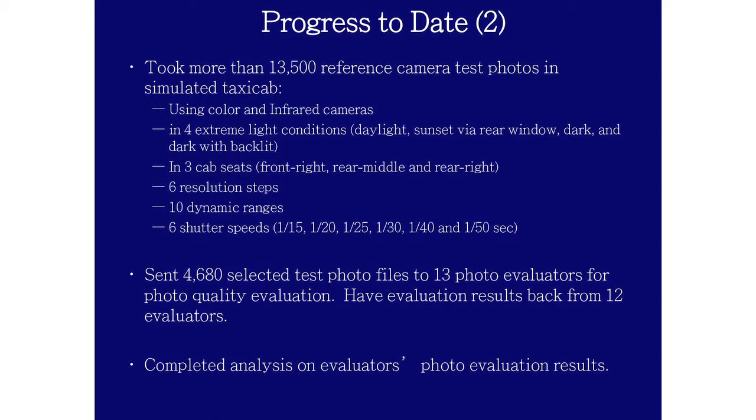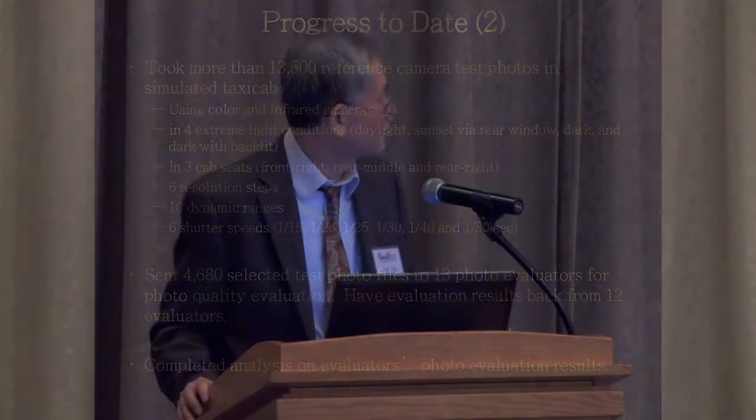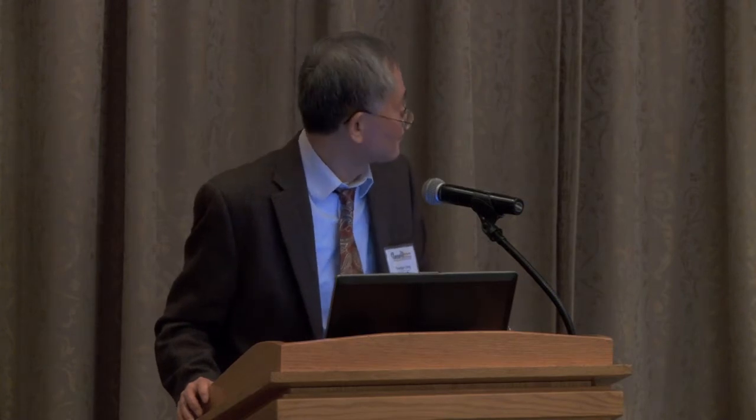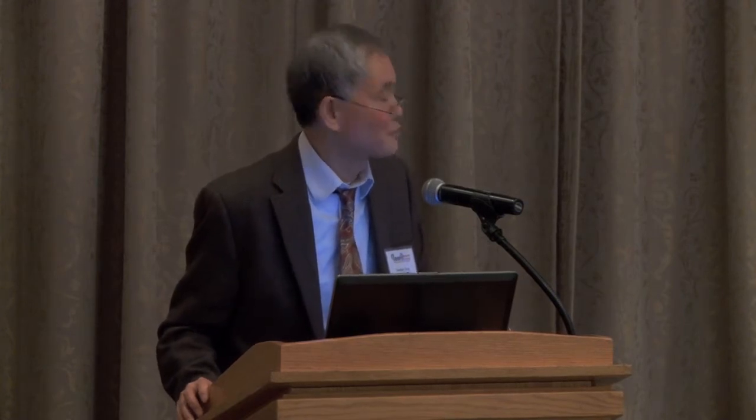We selected 4,600 photos from the 13,000 photos and sent the photo files to 13 photo evaluators. We got 12 results back. We completed the analysis of the photo evaluation results, and also converted the results into numerical parameters.